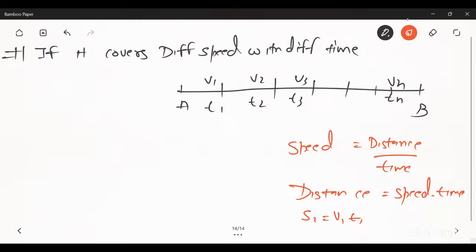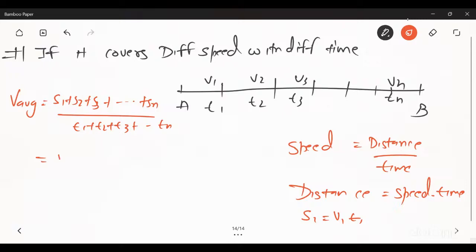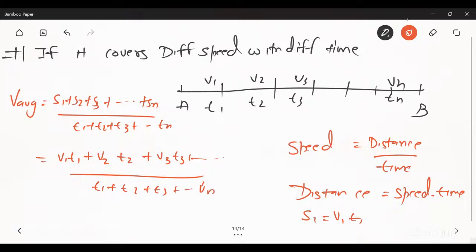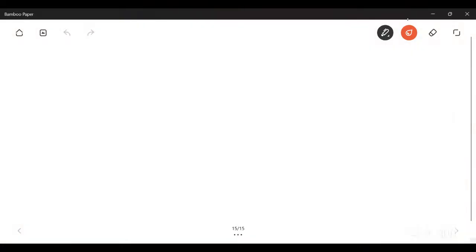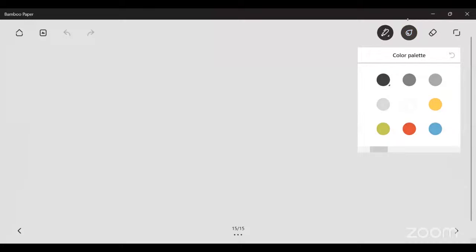So V average in that case will be S1 plus S2 plus S3 up to Sn upon T1 plus T2 plus T3 up to Tn. So that is V1 T1 plus V2 T2 plus V3 T3 up to Vn Tn upon T1 plus T2 plus T3 up to Tn. Now, if it covers with equal time, what will happen?